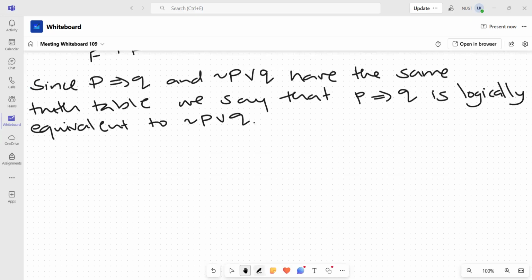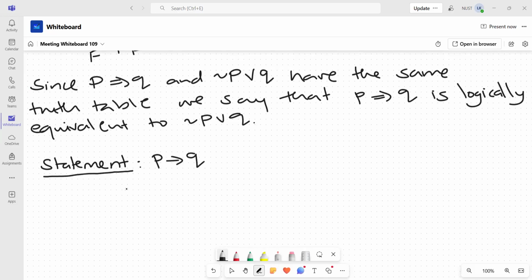Okay, then we can also look at what we call the converse. So if we have our statement, P implies Q, the statement Q implies P is what we call the converse of the statement.